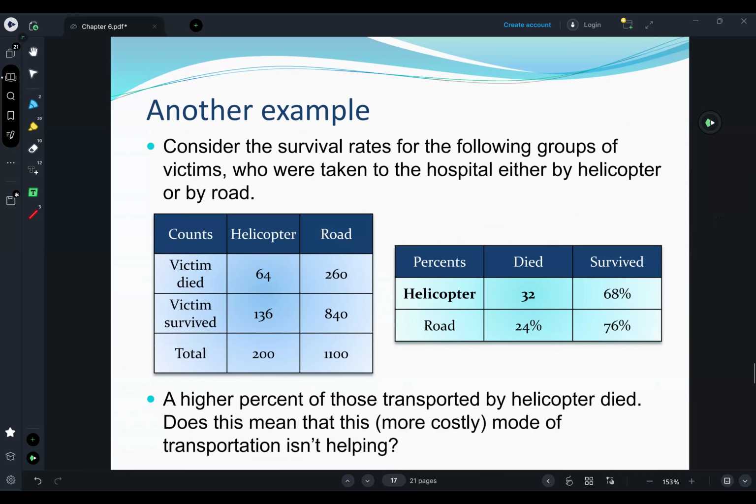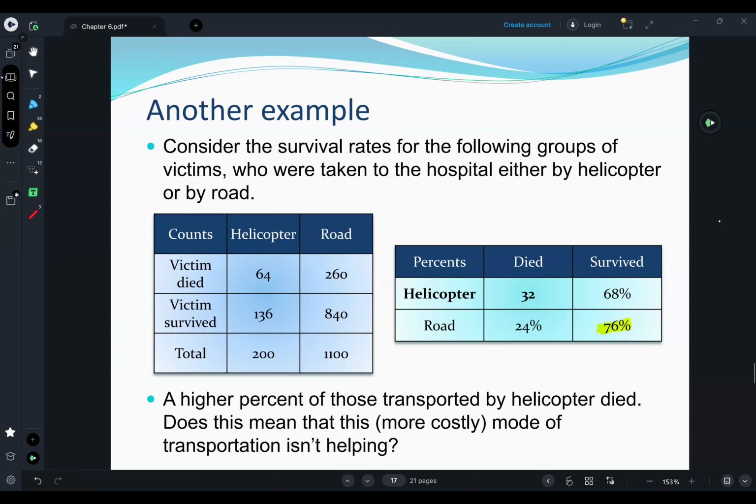So you can see here that by road, 76% survived and 24% died. By road, a higher percent survived than those transported by helicopter.